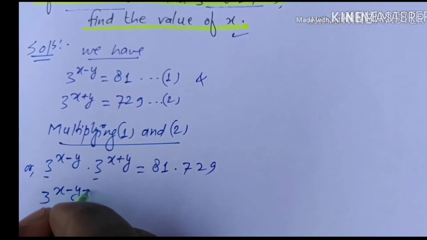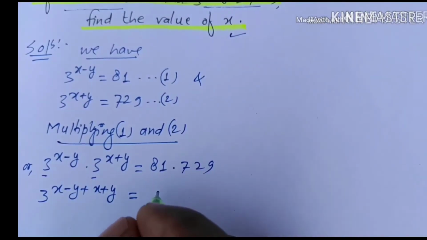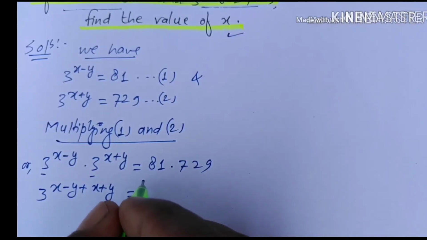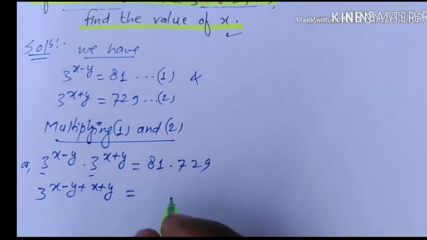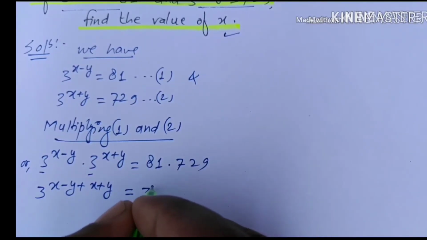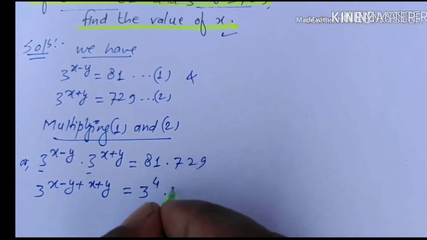X minus y plus x plus y is equal to, and 81 is the power of what? 3 power 4, and 729 is 3 power 6.